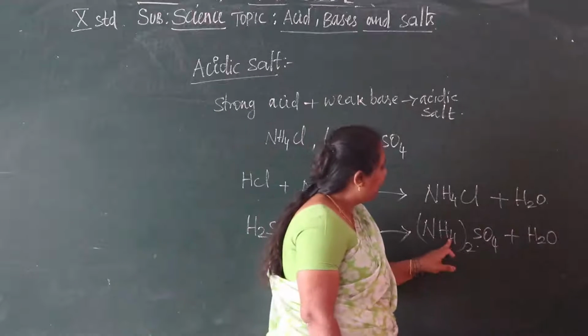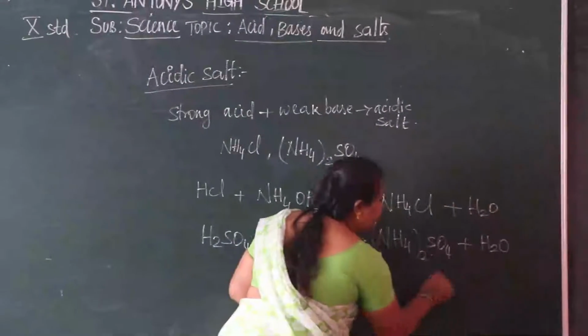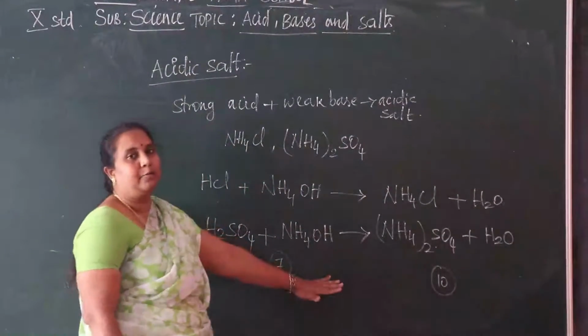But on the product side, 4 twos are 8, 8 plus 2, 10. We have 10 atoms in this product side.